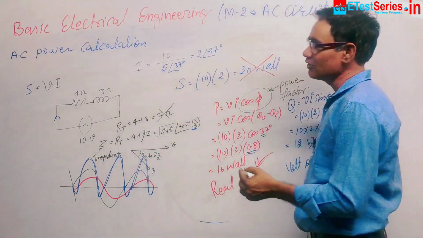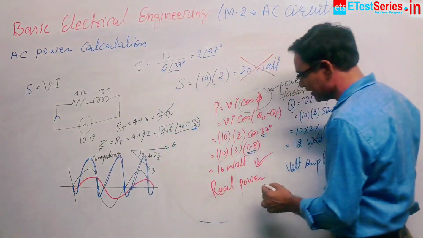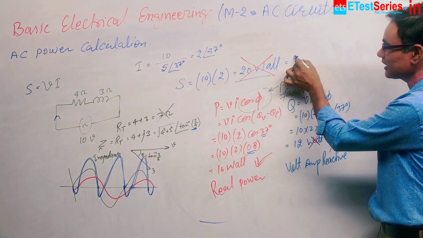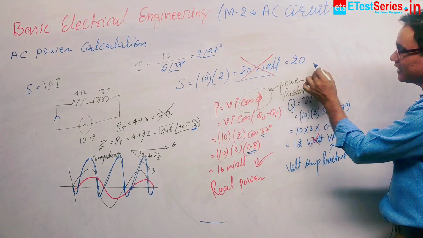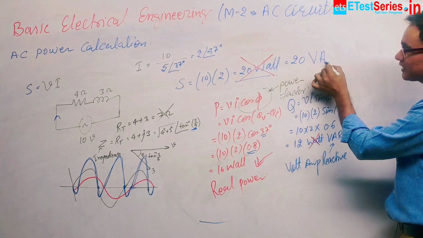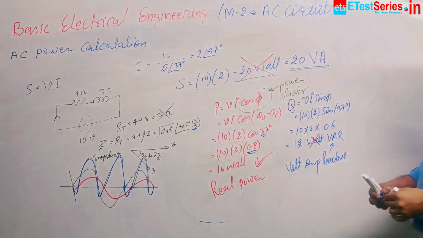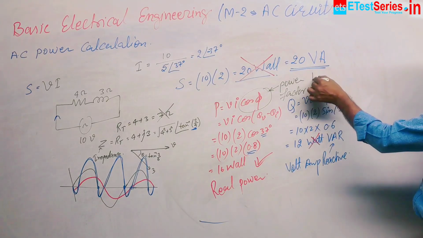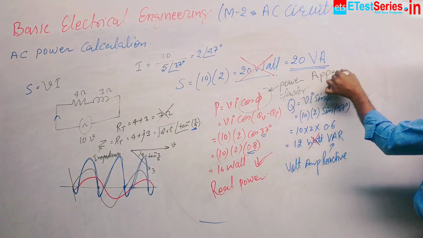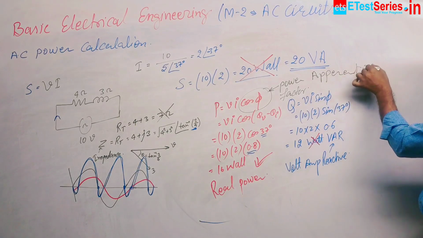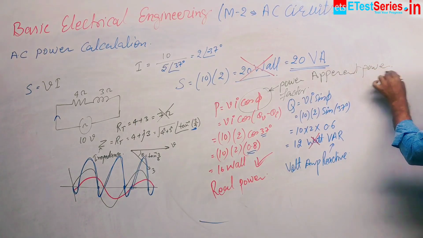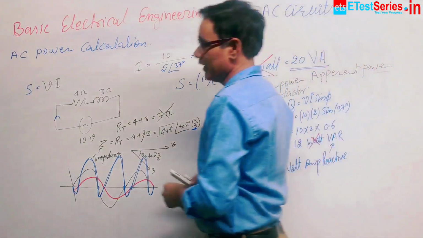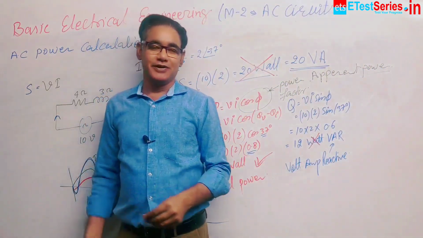Multiplying voltage and current, that is 10 into 2, gives 20, not 20 watt but 20 volt ampere, and this is known as apparent power.